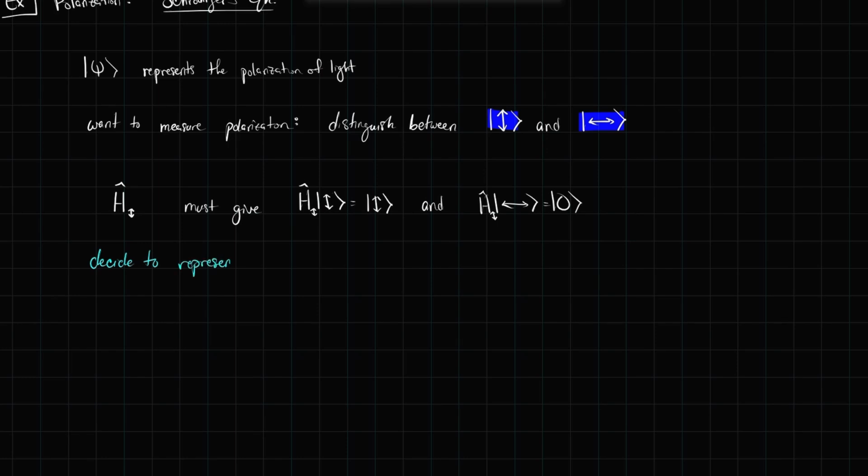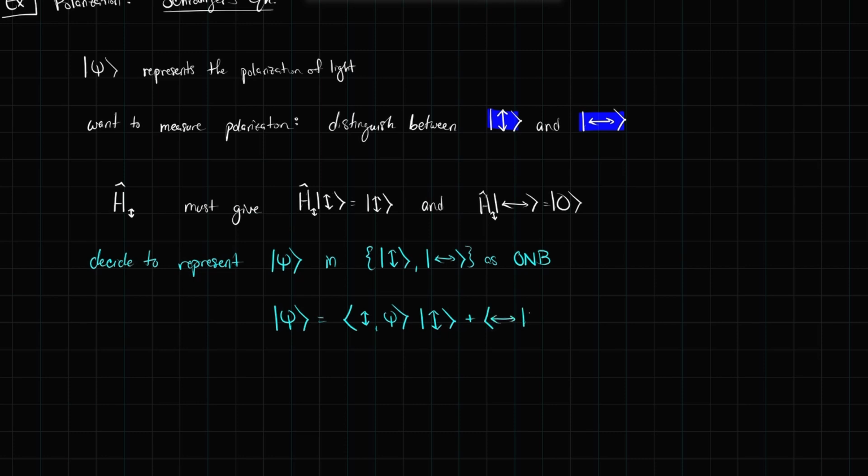if we decide to represent psi in the basis, the orthonormal basis of our two states. So we define these to be an orthonormal basis, and then we can decompose psi as the sum of up-down against psi, multiplying up-down, plus left-right on psi, multiplying left-right.